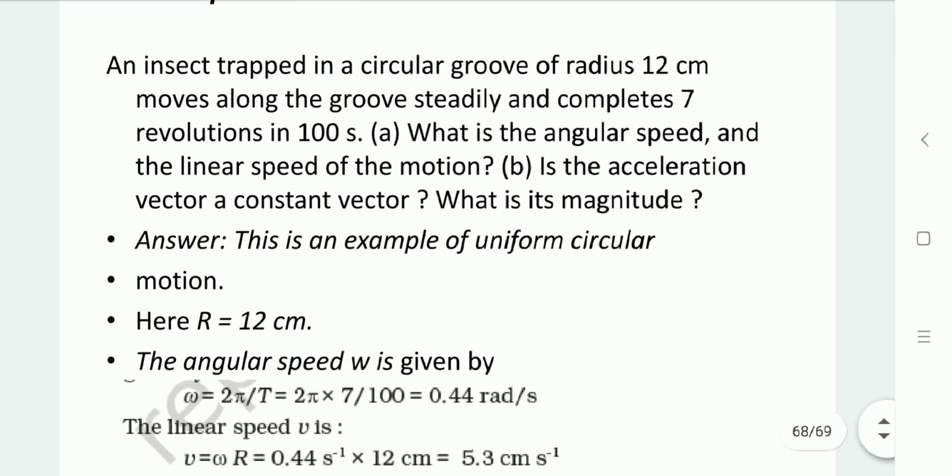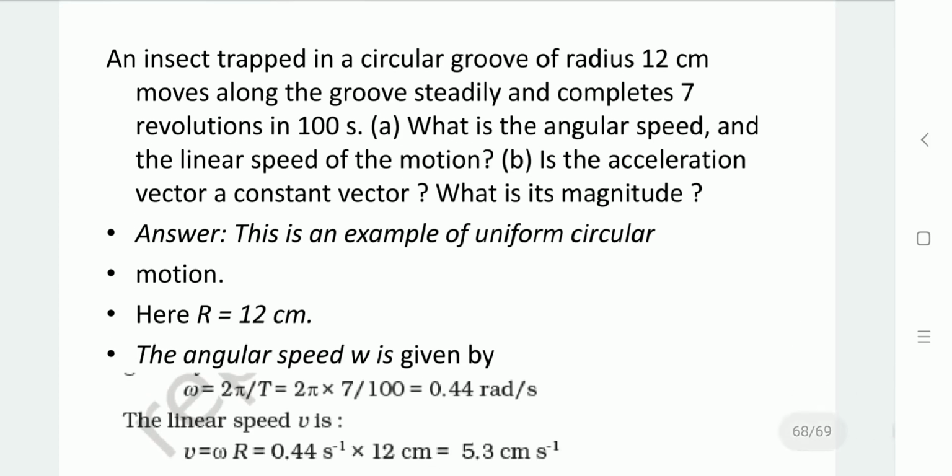Here it is given radius r equal to 12 centimeter. For angular speed, we have the equation omega equals 2 pi f. Instead of f, we are given a time of 100 seconds, so let us denote it as 2 pi by T. Here, in 100 seconds, it completes 7 rounds, right?